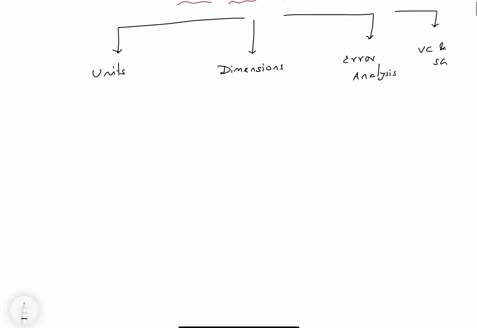So what do we study in units? We study about all the units which are there, the seven fundamental units. Then we have units for each and every physical quantity.